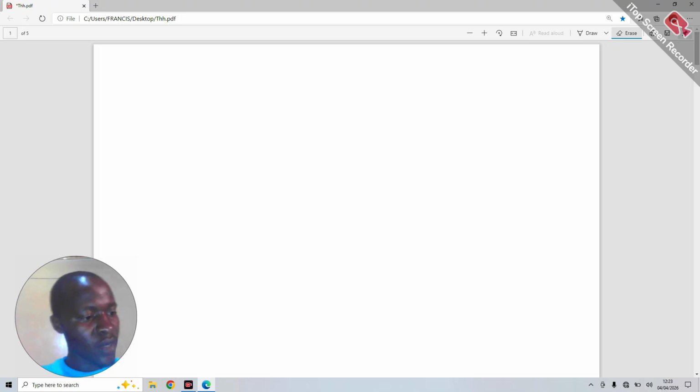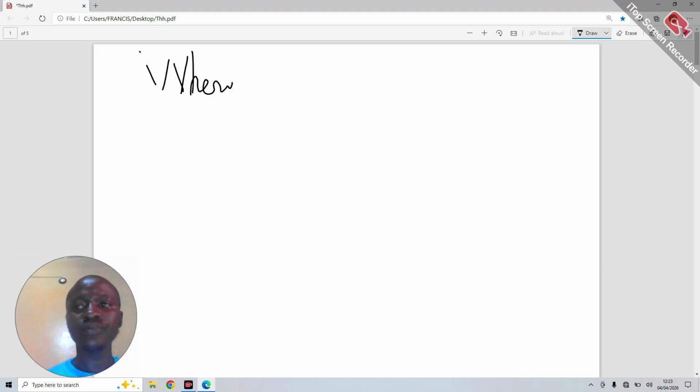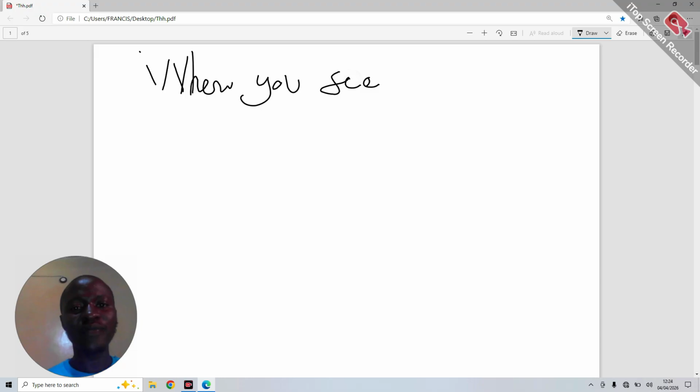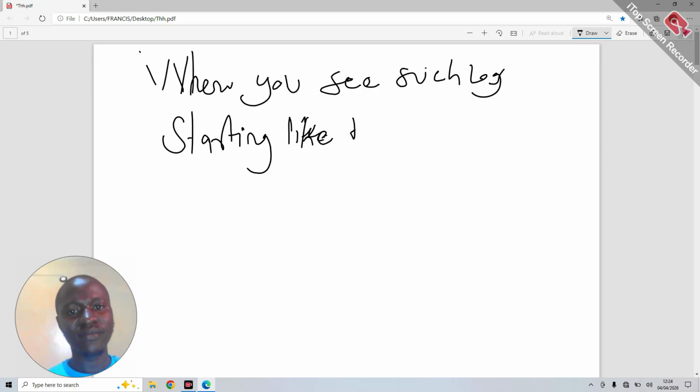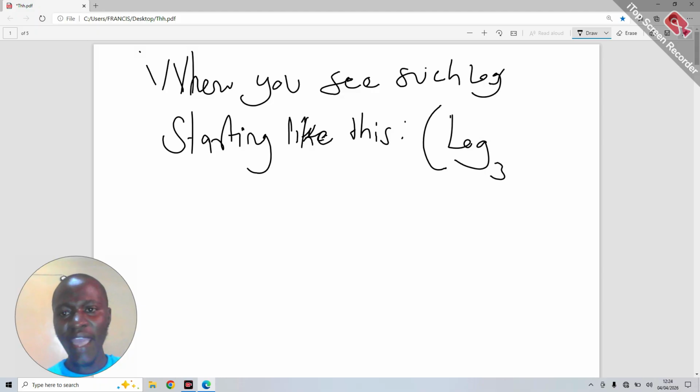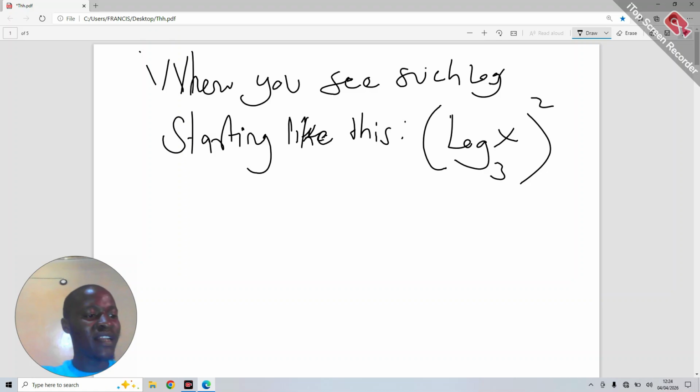So let me give you this. When you see such logs starting like this or beginning in this format, this is a bracket and log of base 3 x, and it has been raised outside.